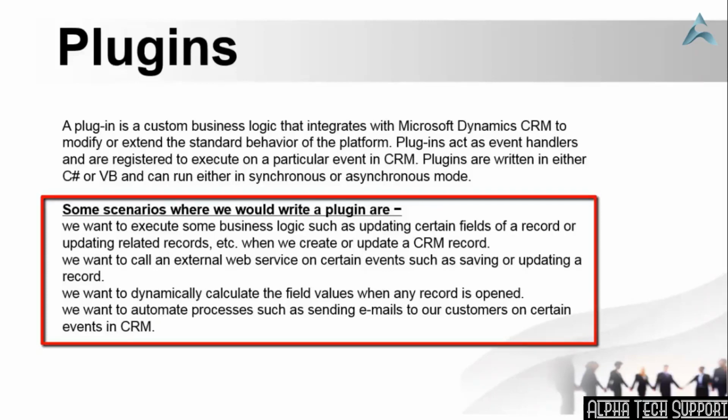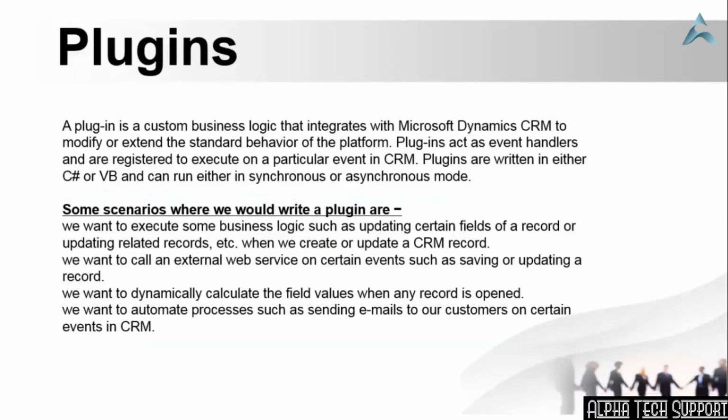We want to automate processes such as sending email to our customer on certain events in CRM. For that, we can use plugins and simply automate the email sending process. So these are some of the scenarios where we would write or can use a plugin.